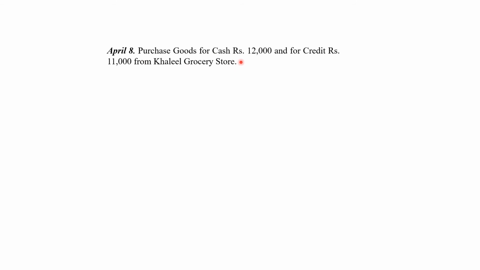They are purchased from Khalil's grocery store, and these are paid partly in cash. So out of the 23,000 rupees, 12,000 has been paid in cash and 11,000 is on credit, right?